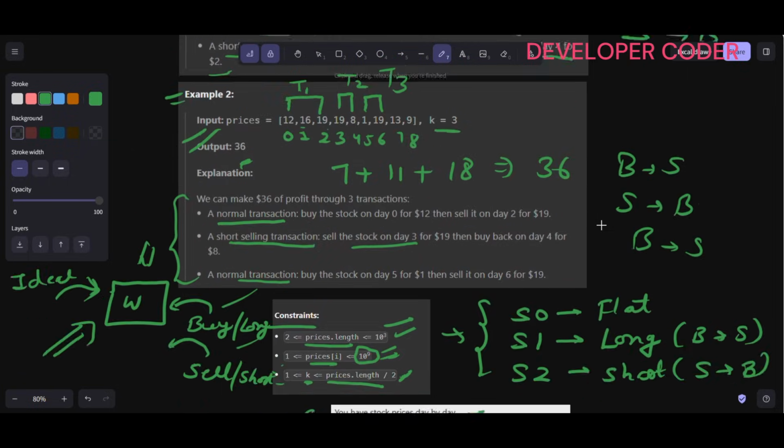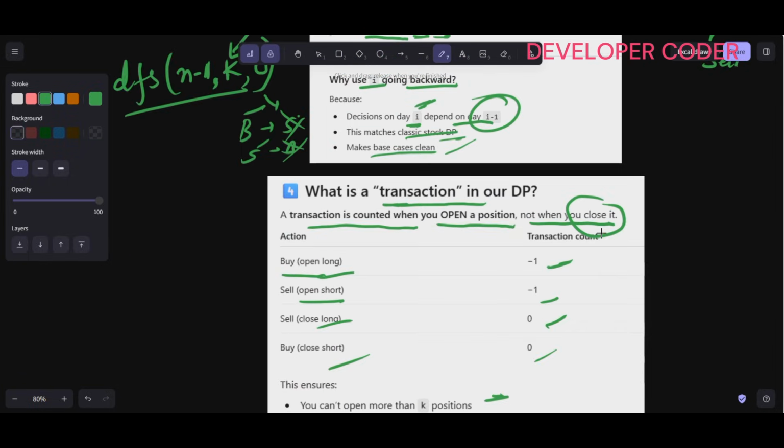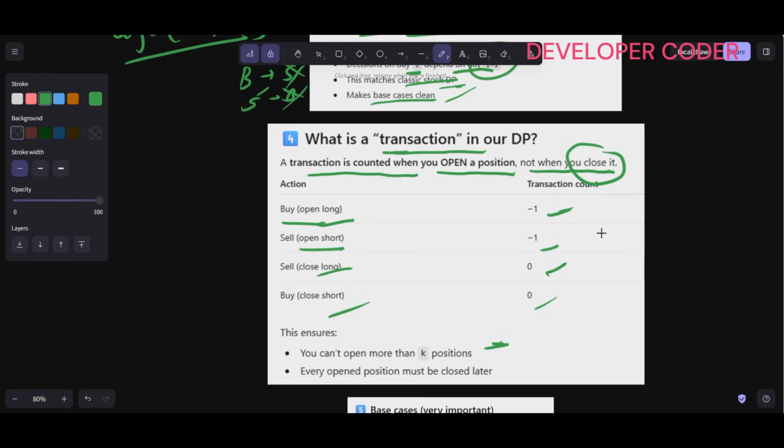So as soon as I open, I will count. As soon as I sell, because after sell I will buy, and after buy I will sell, I don't need to count again. So a transaction is counted when you open a position, not when you close it.